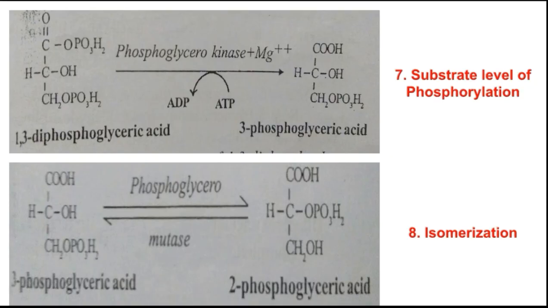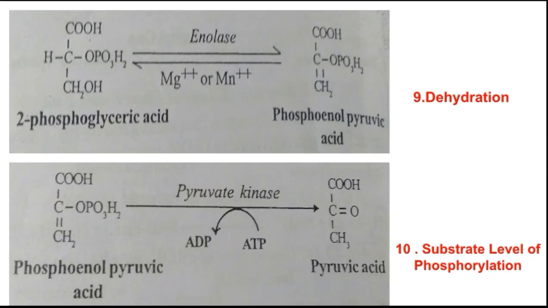This reaction is catalyzed by the enzyme phosphoglyceromutase. A mutase is an enzyme that catalyzes an intramolecular shift, that is, a chemical group is shifted within the molecule. This is a reversible reaction.